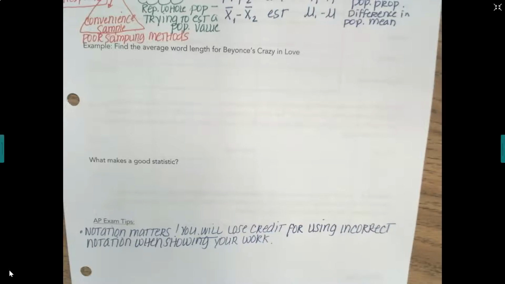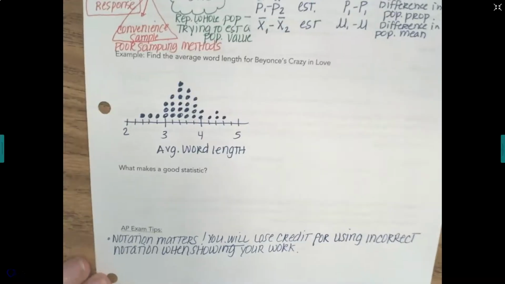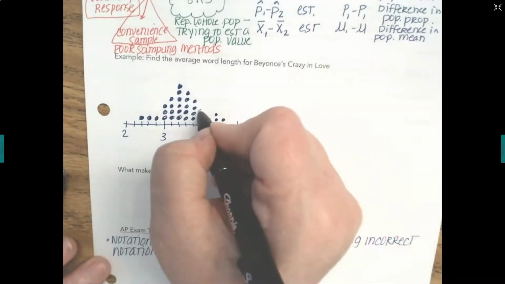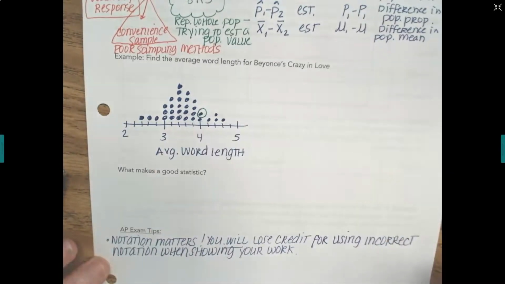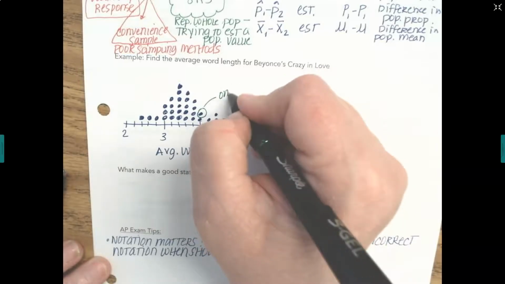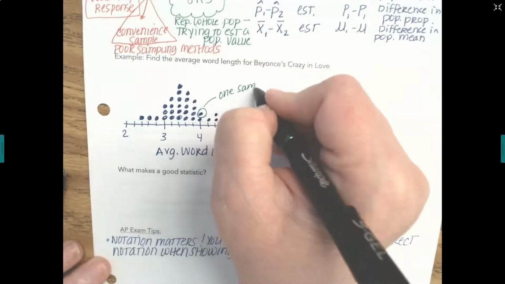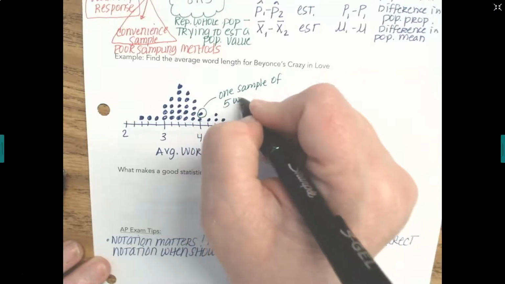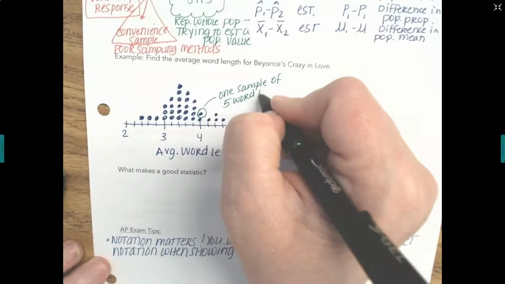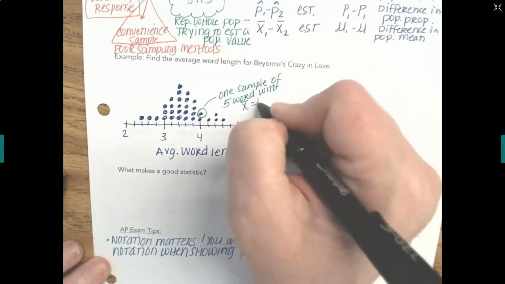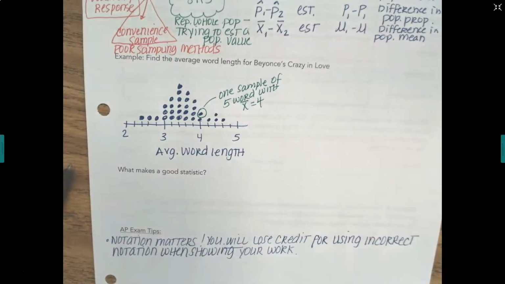Here's our dot plot from that day. We collected our data and put it up on our dot plot. Then I would ask you, what does this dot represent? That dot is one sample of 5 words with an average word length of 4 letters.